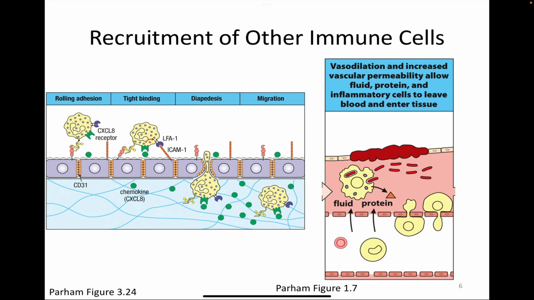Those other immune cells will be recruited by a specific process with a number of steps. That's shown in figure 3.24 from your textbook. Those steps that are shown here are actually steps that immune cells use to go to all sorts of different parts of your body.